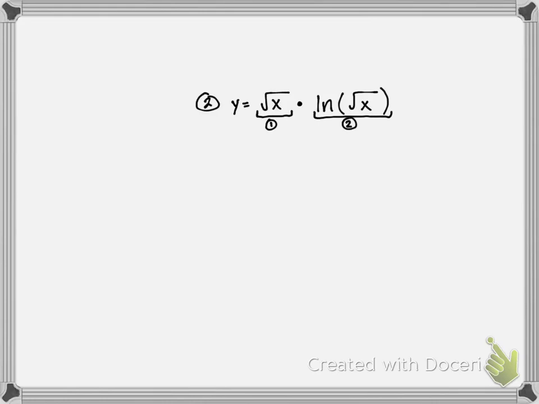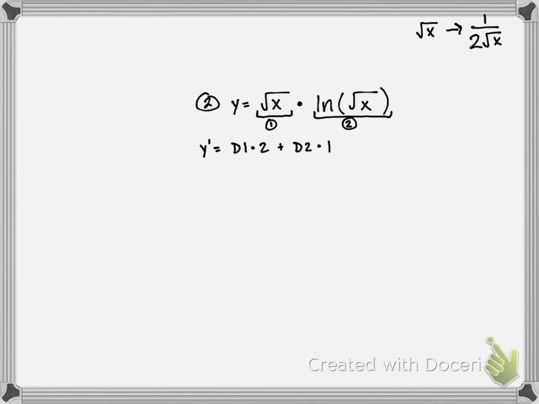All right. So the product rule tells me, what do I have? D1 times 2 plus D2 times 1. Is that correct? And D2 is going to be some kind of chain that's going to go on here. So, a good one to memorize: the derivative of square root of x is 1 over 2 square root of x.